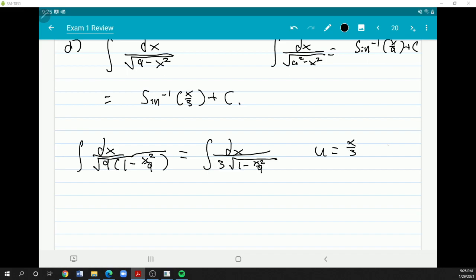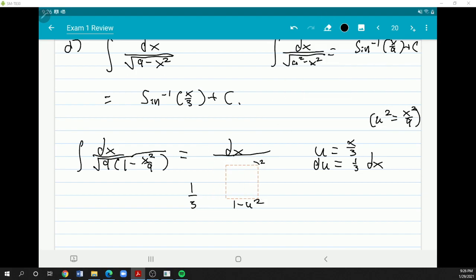Let u be x over 3, in which case u squared is x squared over 9. And then you get 1/3 integral dx over root 1 minus u squared, but you have to be careful because du is 1/3 dx. So dx is worth 3 du's.